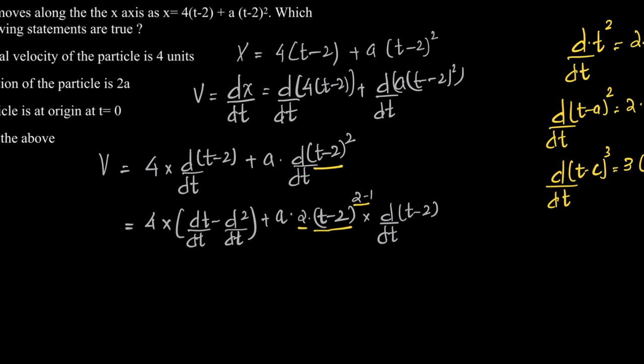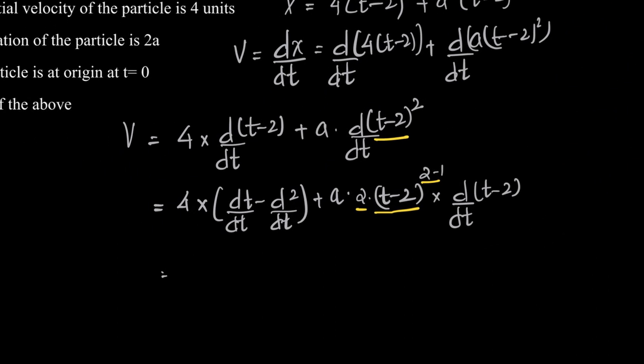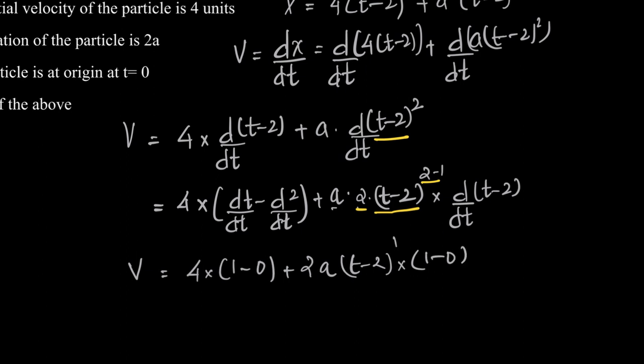So this further becomes v is equal to 4 into what is d by dt of t? It is 1, minus what is d by dt of 2? It is 0, plus 2a into (t minus 2) raised to 2 minus 1, which is 1, into d by dt of (t minus 2), which we just found out is 1 minus 0.